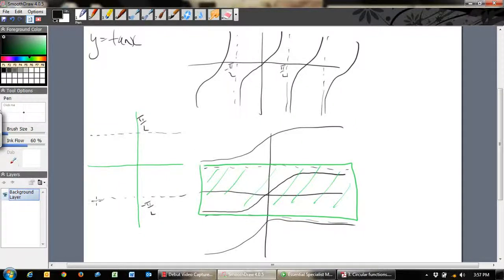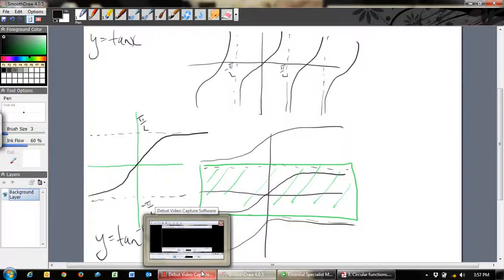The function comes up at 45 degrees and goes through there. It's not very good, but it's more curvy than that. But that is your inverse tan function.